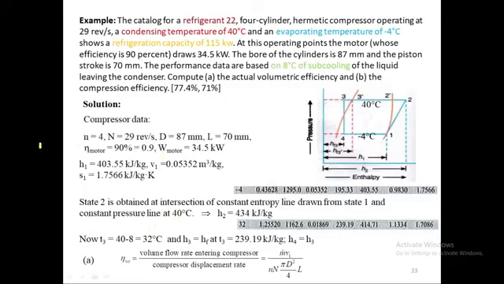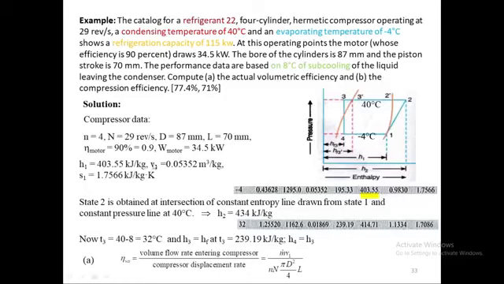So as you can see, H1, which is Hg at minus 4. It is minus 4 right here, and Hg will be 403 here. So 403, write this amount.